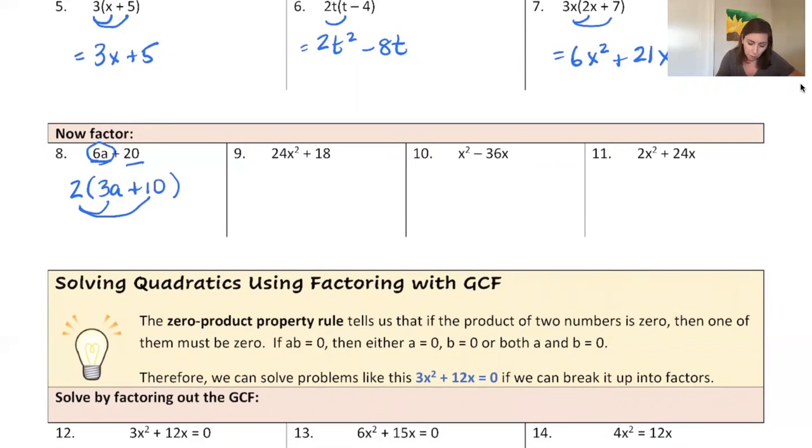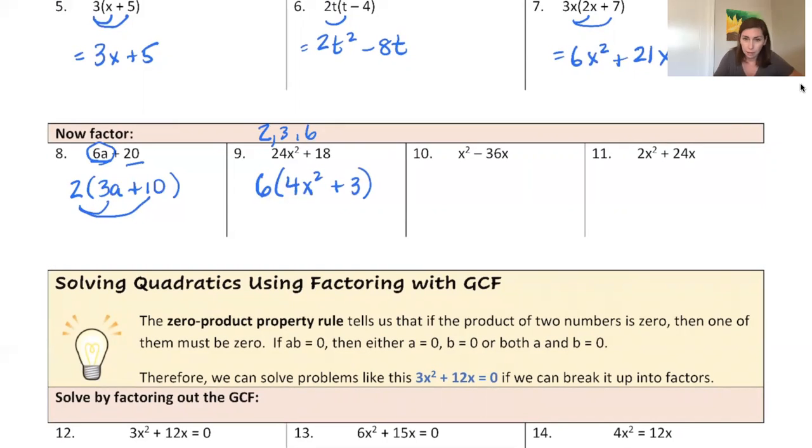All right, for number 9, I have, let's see, 2 would be a common factor, not 4, or 3 would, right? Let's see, 4, and I think also 6. I think 6 is my GCF for this one. So I'll factor out a 6. That'll leave me with 4x squared and 3.